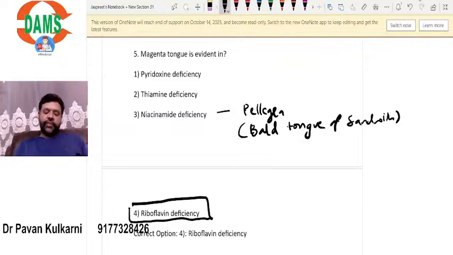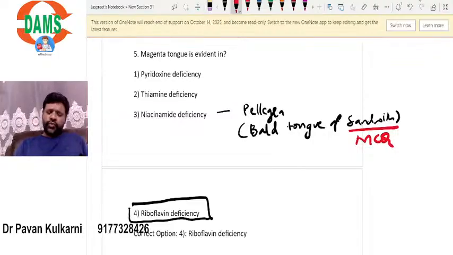I hope this is again a classical MCQ. Where do you see bald tongue of sandwich? Typically in case of niacin deficiency, which causes pellagra.